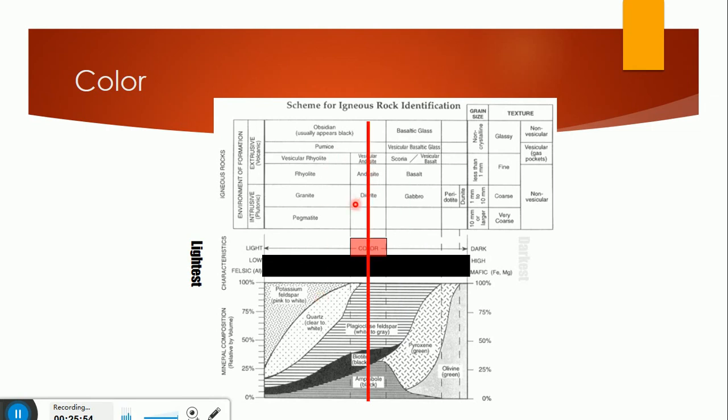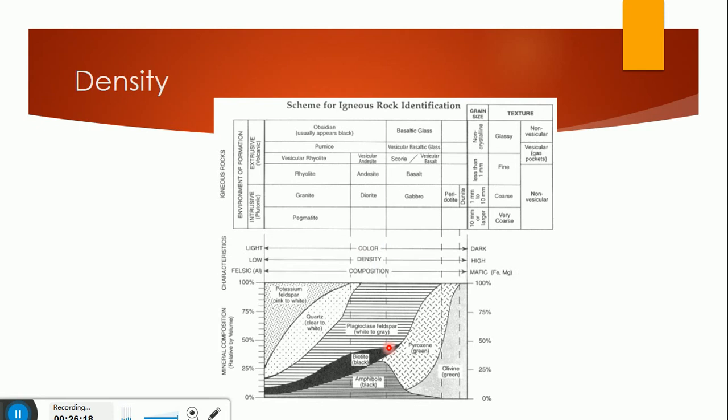Andesite, diorite, that is the intermediate composition. The plagioclase feldspar is dominant, then the biotite, then amphibole. Coming to the dark color minerals, that is gabbro, basalt, the dark color mineral and mafic type of mineral. Darkest color, here the dominant is the pyroxene.